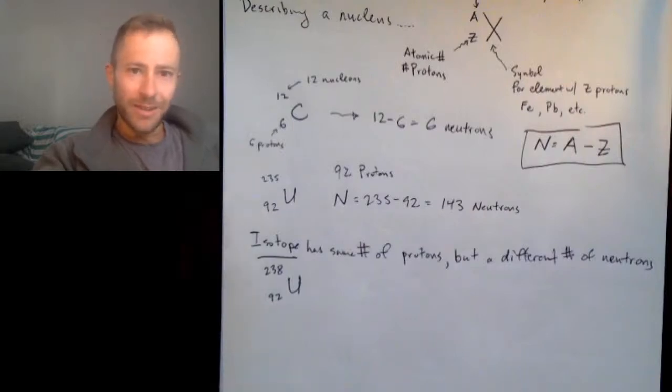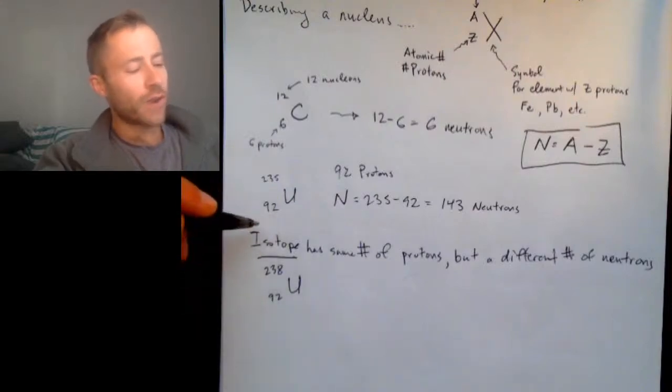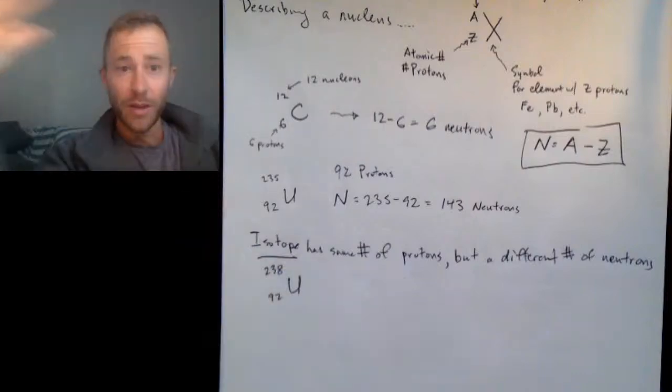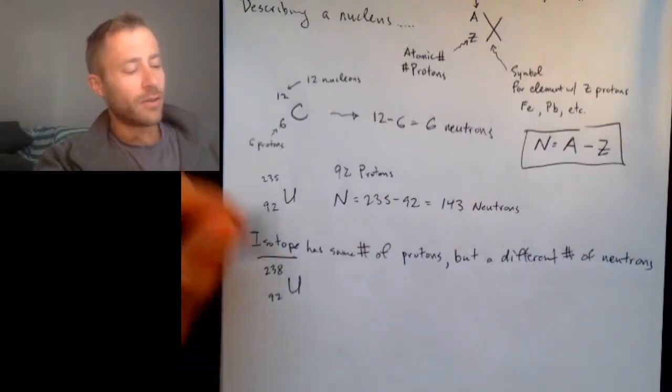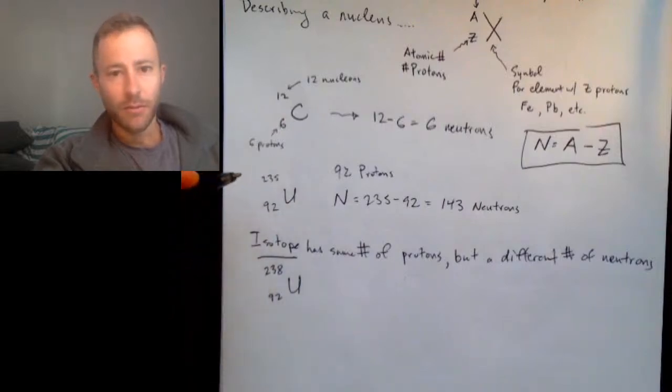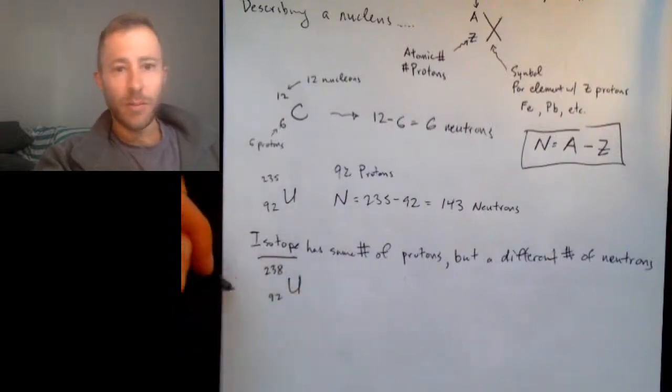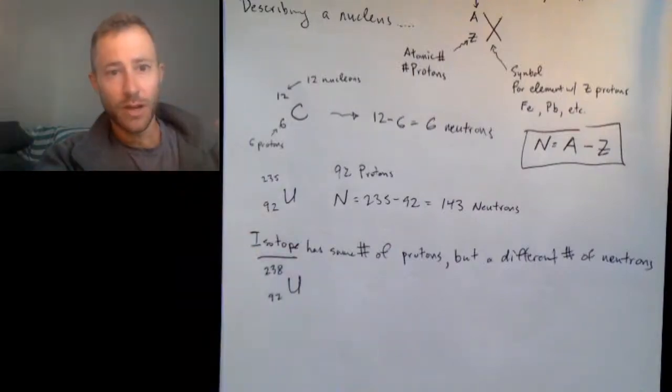So what they do when you're refining uranium is you are basically extracting. You have a sample of uranium, which has a mixture of different isotopes, and you extract the uranium-235 from the sample.